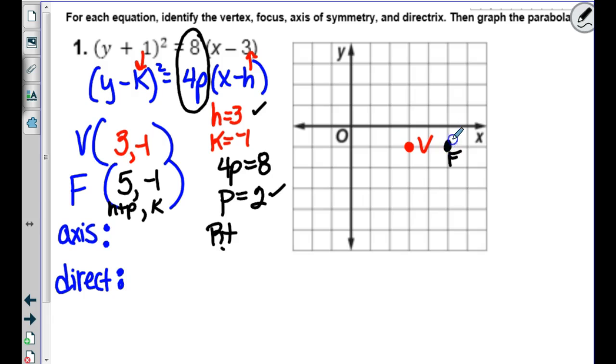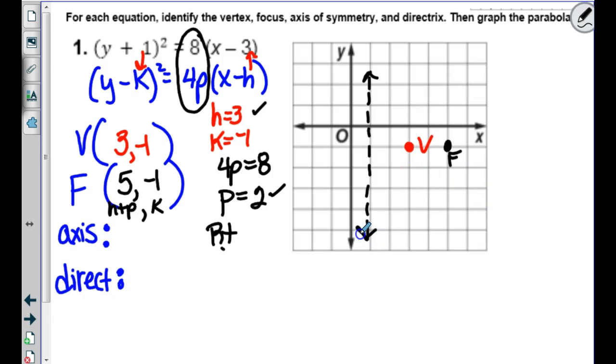Is that where I put it, guys? (5, -1)? Okay, so you could have done it by thinking about the concept and drawing it on the graph paper, or you could have just used the recipe. All right, the directrix is going to be 2 units back this way, and it's going to be up and down because the parabola is opening to the right.